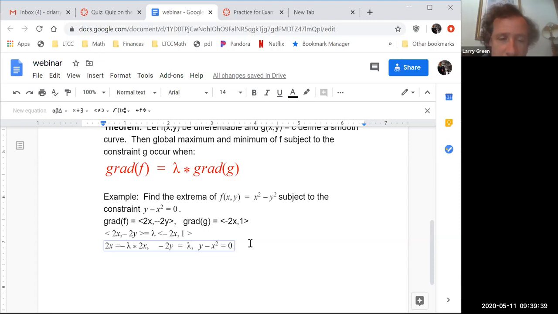So you do the equations based on your Lagrange multipliers and the constraint equations. And now we have three equations and three unknowns, which is much better when you're trying to solve, because then we'll actually get something. Any questions at all on getting this set up?